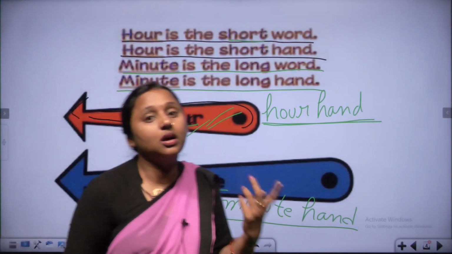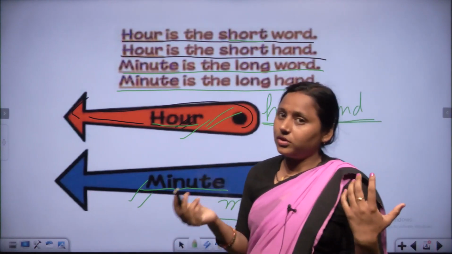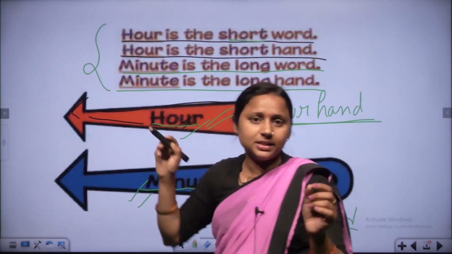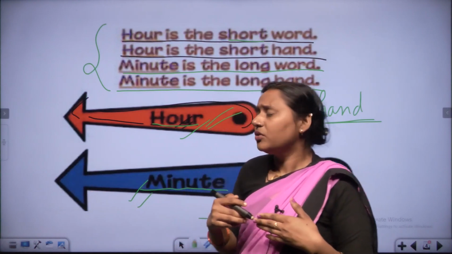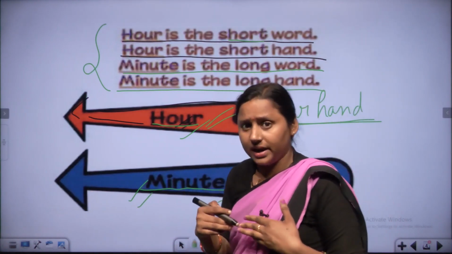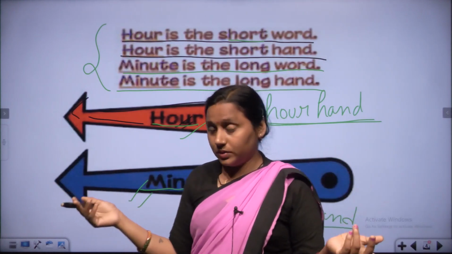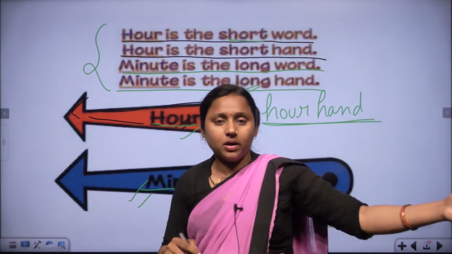It is a trick to learn the hands of a clock. This is the best trick. Hour spelling is smaller, so the smaller hand is which hand? Yes, hour hand. And minute spelling is bigger, so minute hand is the longer hand.